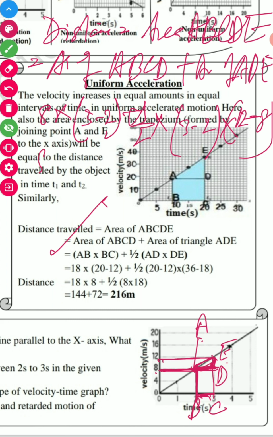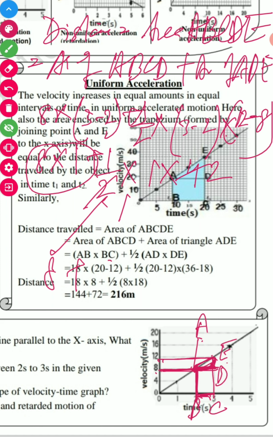So just calculate 8 into 1 plus half into 1 into 4. So 8 ones are 8, plus 2, that is 10 meters. Okay, this is the exact solution of this question.